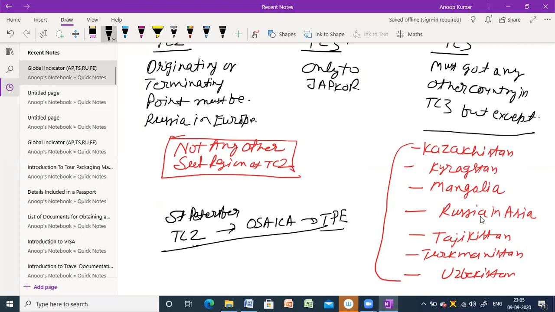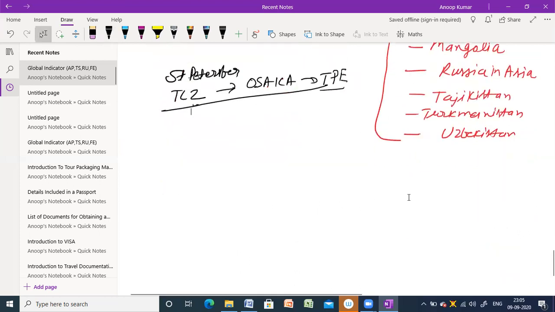Now let's move to another global indicator, and that is FE. FE is Far East. The last global indicator in this series is FE. Now let us understand the conditions associated with FE.